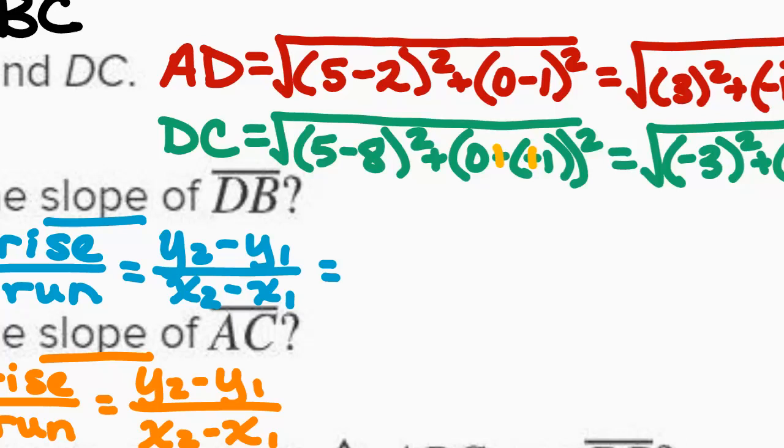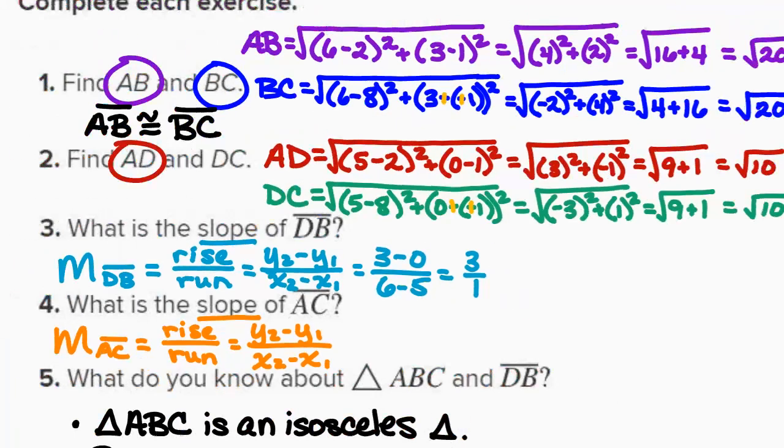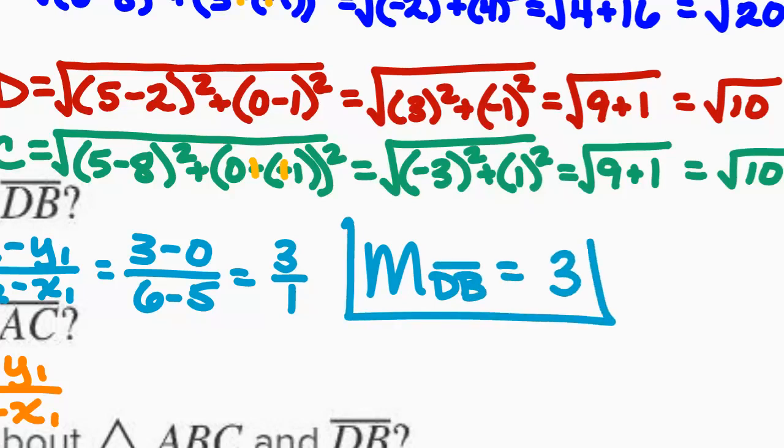So to find the slope, we do y2 minus y1. y2 is 3 minus my y1, which is 0, over x2 minus x1. x2 is 6, x1 is 5. So I have 3 over 1. What does that simplify to? 3. So the slope of segment DB is 3.